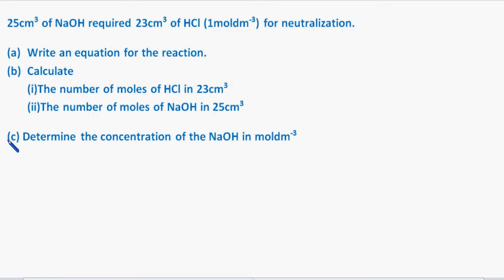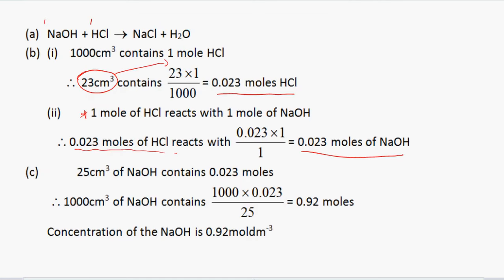And the last part, determine the concentration of the sodium hydroxide in mole per dm cube. Now, we know that 25 cm cube of the sodium hydroxide contains 0.023 moles. We need to find out how many moles there are in 1000 cm cube.